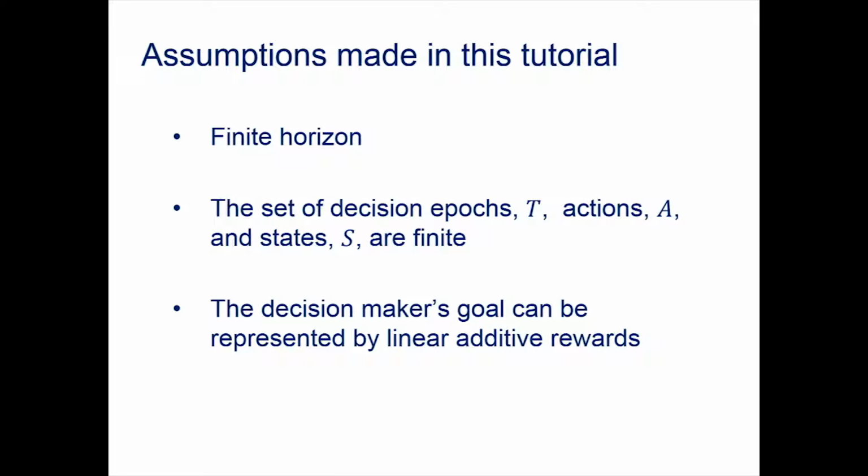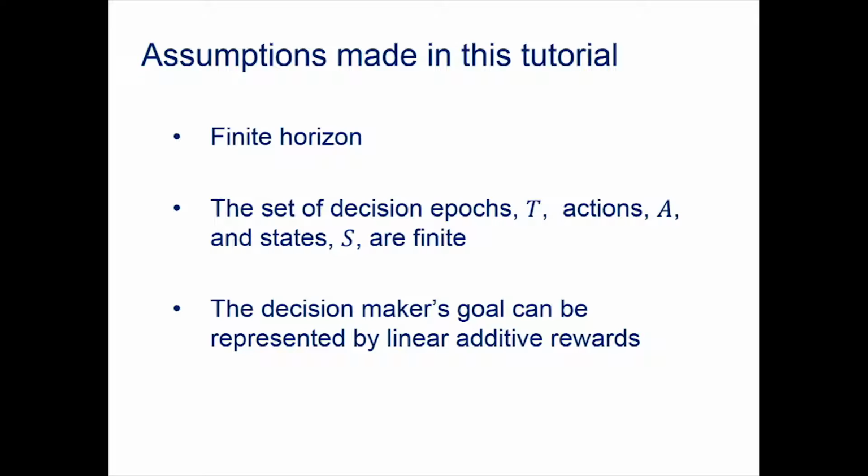And so it reveals a few assumptions I'm making. I said I'll talk about finite horizons. I'm just going to keep it simple and talk about finite sets of decision epochs, actions, states. These are not terribly restrictive assumptions. We're talking about disease-related problems, but of course these could be relaxed, and they're not very restrictive, but they do keep things simple for the purposes of a tutorial.